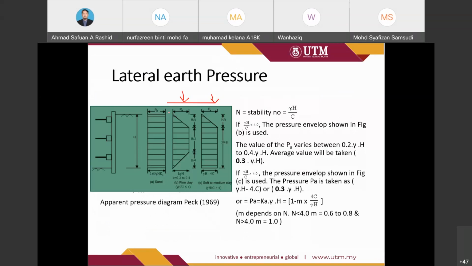We may use this diagram to calculate the loads, and then propose the sheet pile, and also the value for the strut and also for the wheels.